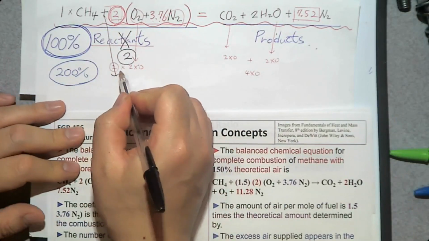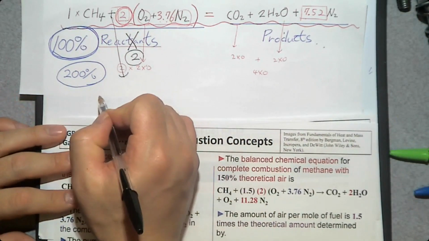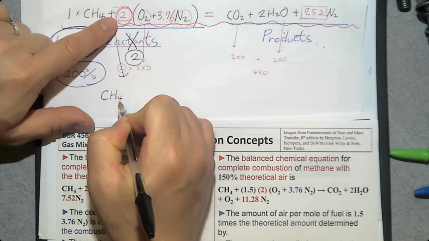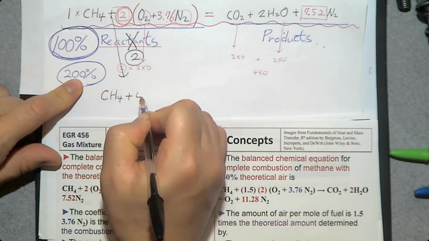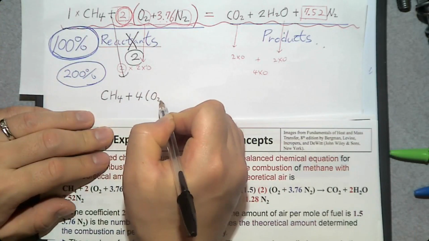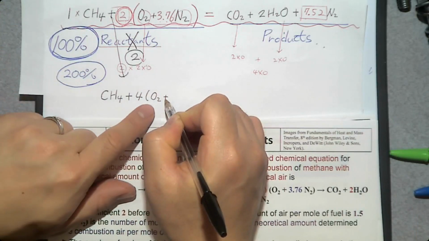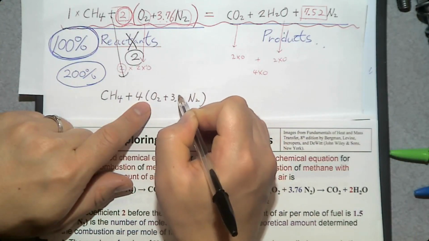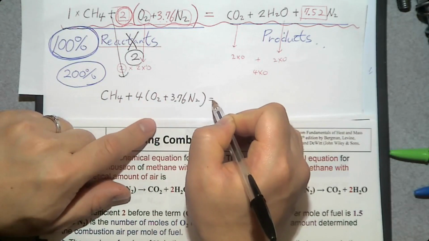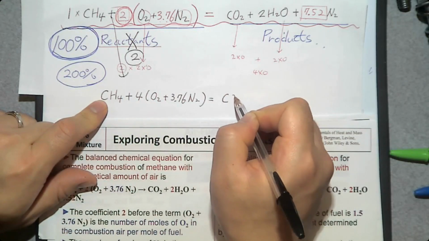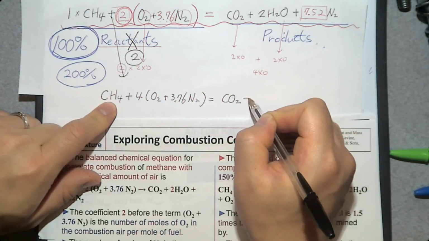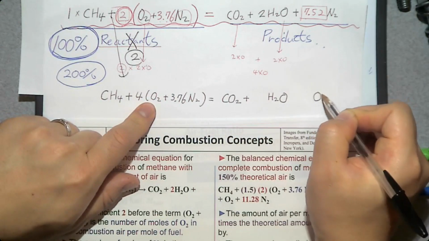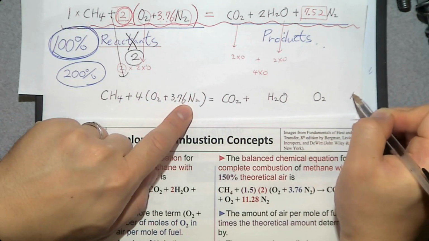So this balanced reaction equation becomes: 1 methane is going to react with not 2 but 4 oxygen and nitrogen together, and the ratio between oxygen and nitrogen is going to be 1 to 3.76. Since we have a carbon, it becomes carbon dioxide, and we have hydrogen, so it's going to be water, and we have some leftover oxygen, and some leftover nitrogen.